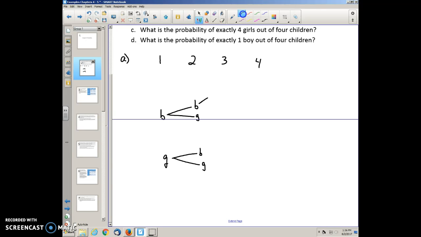The third child could be a boy or a girl. And then the fourth child could be a boy or a girl.